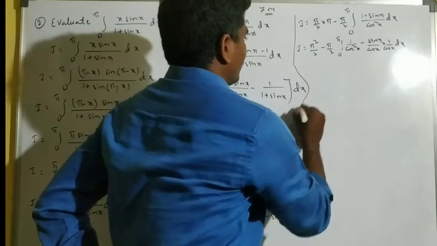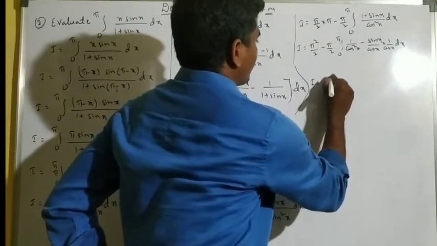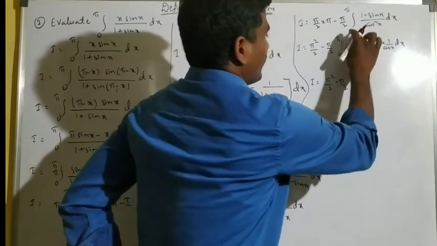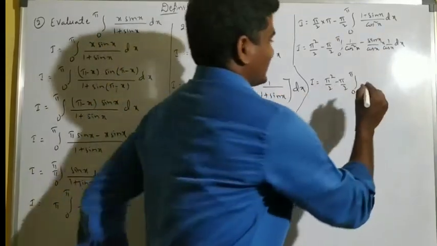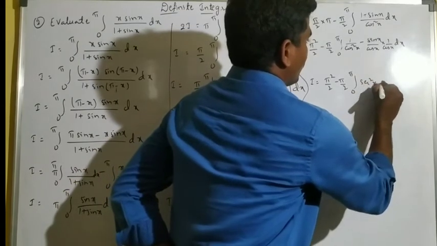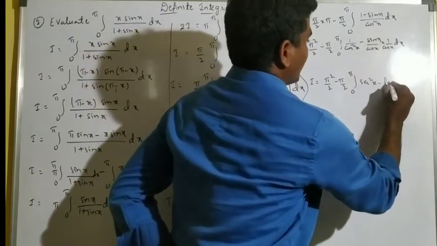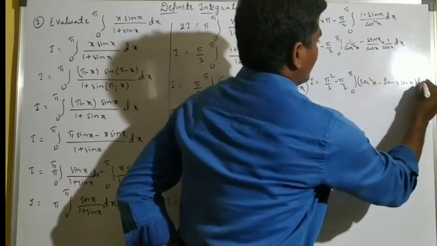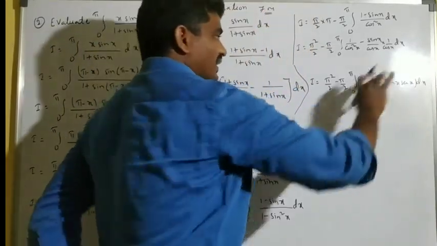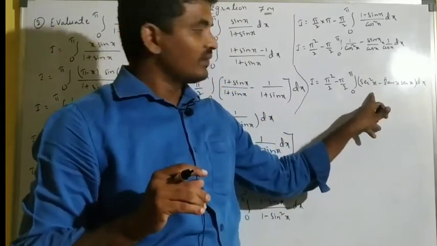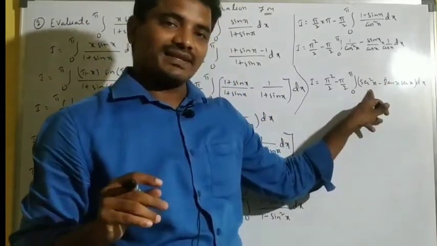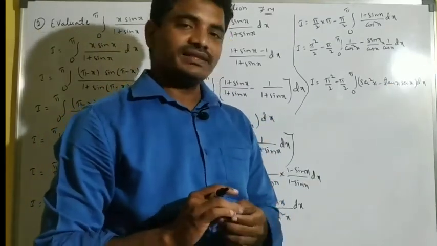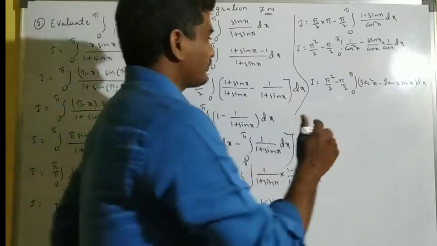So completely, I equals pi square by 2 minus pi by 2 of integral 0 to pi of secant square minus tan x into secant x, dx, and we can integrate individually. The integration of secant square x is tan x, and the integration of tan x into secant x is secant x.